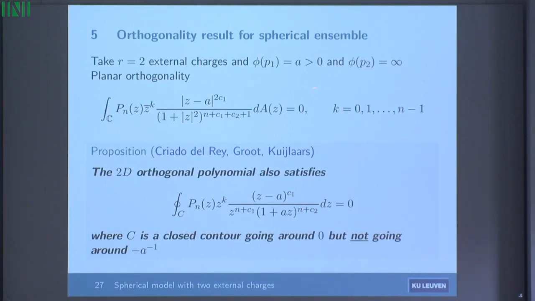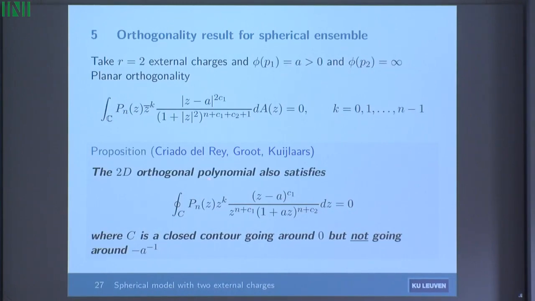And then our result is that this planar orthogonality, right, with the complex conjugate here, and everything is real here, and the measure is real as well. This orthogonal polynomial here also satisfies an orthogonality condition on a contour.